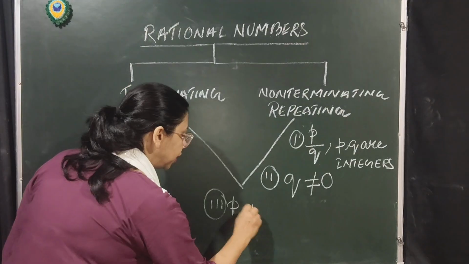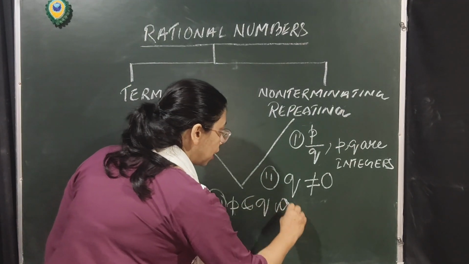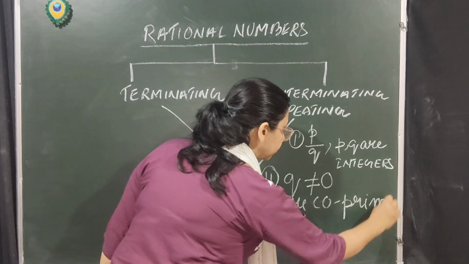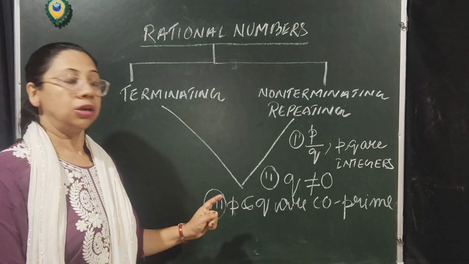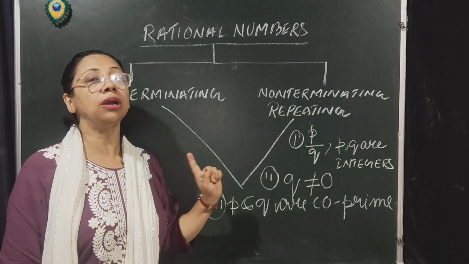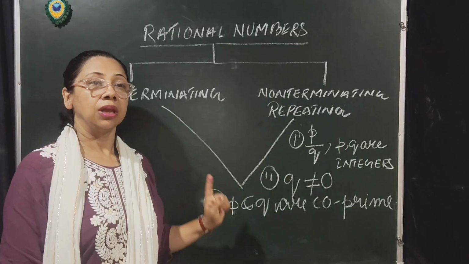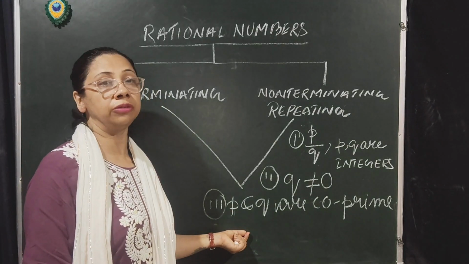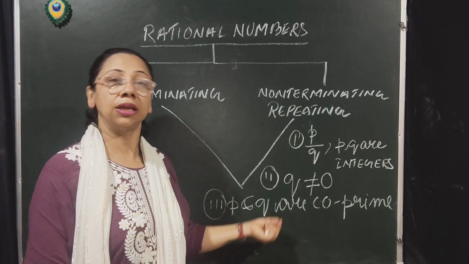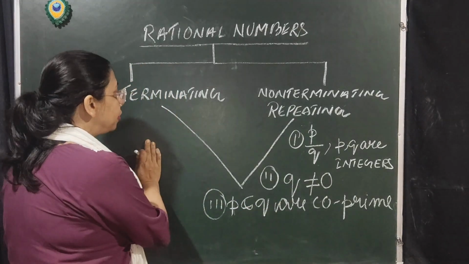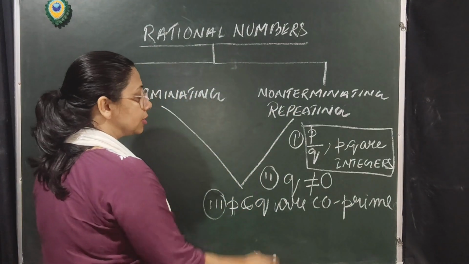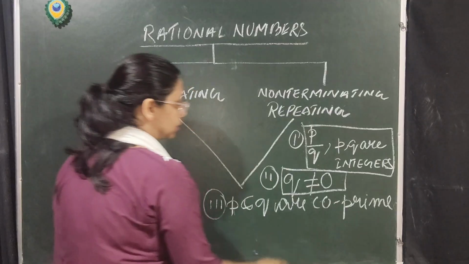Number three is P and Q are co-prime. Co-prime means when two integers have only one common factor between them, and that common factor is none other than 1. Now, every terminating and every non-terminating repeating decimal follows these three rules.